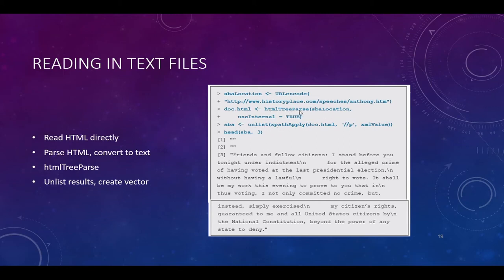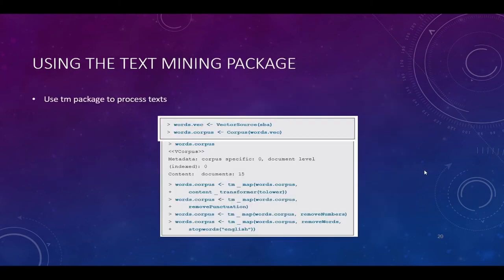Here's my HTML tree parse. In this doc.html, that's where it's saving the actual text, and then here it's converting that text into a vector. You can see it does the same thing, except here, remember we had those new lines, it's keeping in those characters that the other ones stripped out for us.